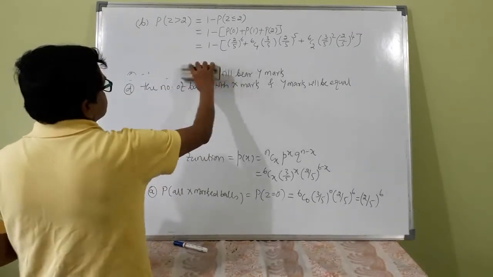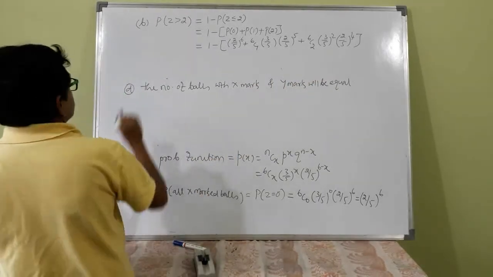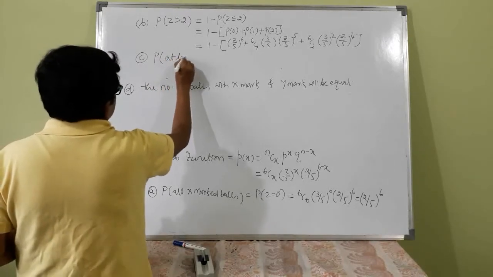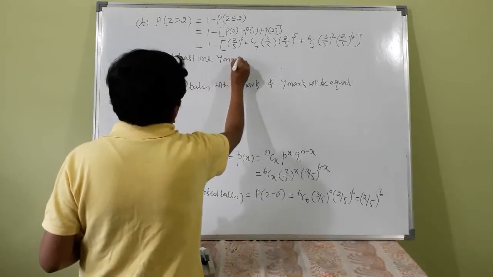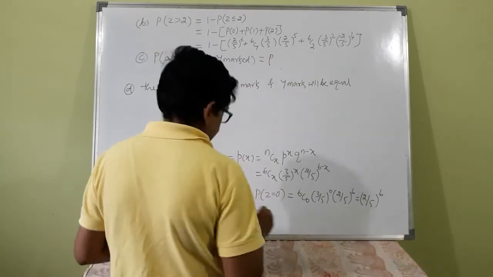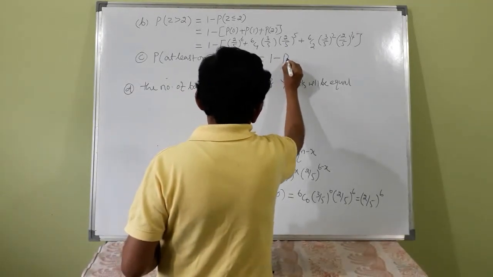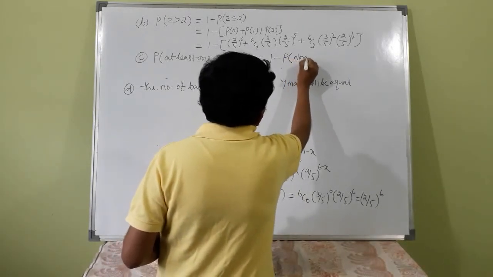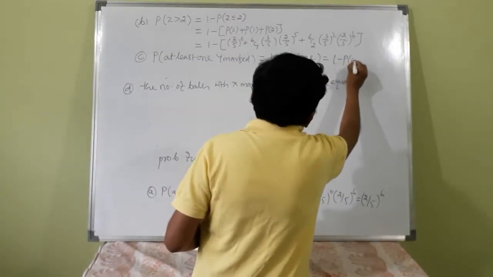At least one will bear Y mark. C is probability of at least one Y marked, which is 1 minus probability of none, equal to 1 minus P of 0.